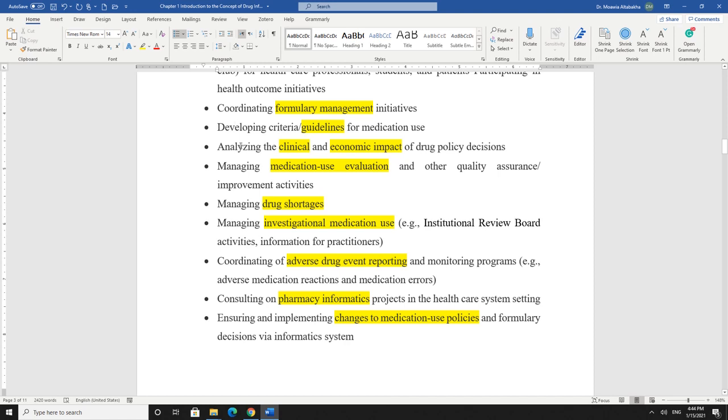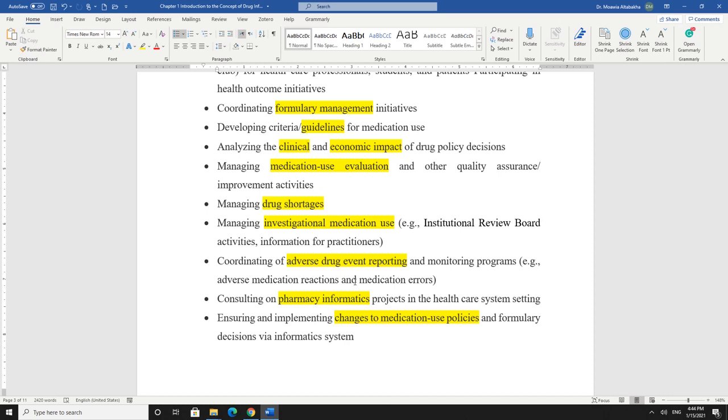Also, you'll be able to analyze the benefits of a clinical intervention or of giving a therapy, the benefits and the economic impact of using maybe a drug. You can analyze that, and of course you should have a good statistical background to be able to do that.